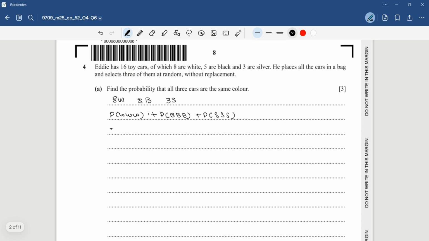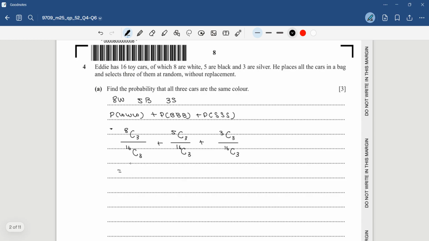To find the probability of all 3 white, I have a total of 8 white cars and I choose 3, divided by the total selection, 16 toy cars choose 3. Why do I divide by the total selection? Because it's a probability. Or I have 5 black cars, 5 choose 3, divided by 16 choose 3. Or 3 choose 3 over 16 choose 3.